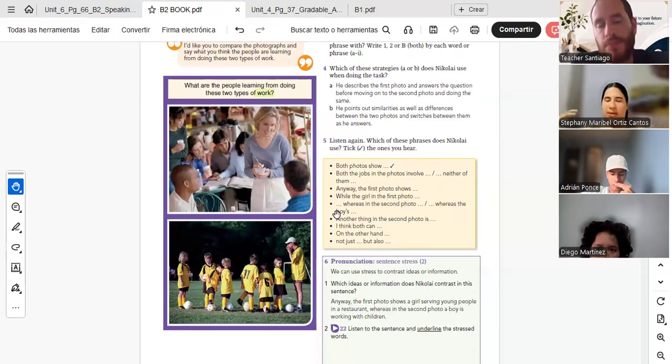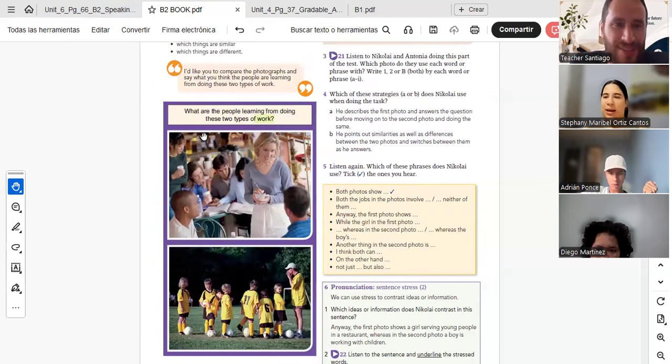Building resilience, overcome obstacles. Yes. A team spirit. Both types of work teach the value of cooperation, listening, and working together.